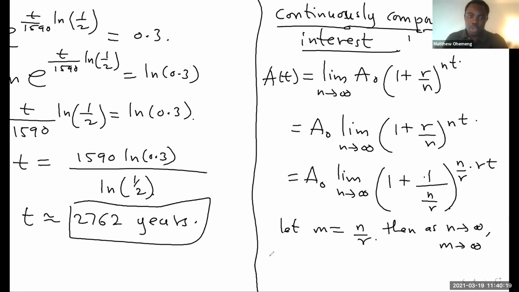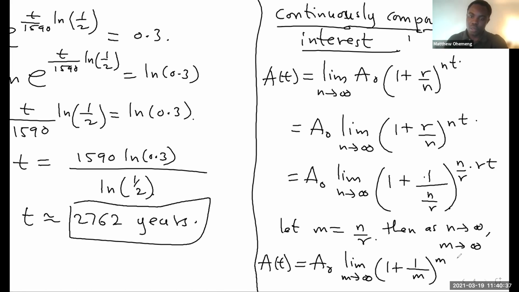Using that trick, we have A of 0 times the limit as M approaches infinity of (1 plus 1 over M) to the M, all to the power RT. When taking the limit of a function to a power, you can take the limit of the base first and then take the power.